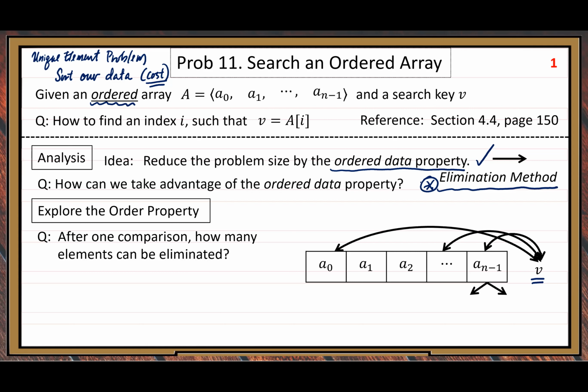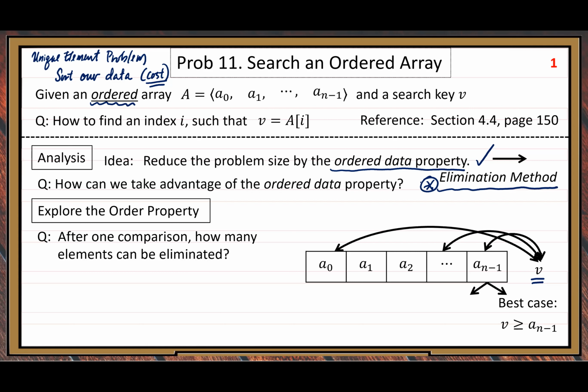If we look at the last element, V is compared with the last element, there are two possible cases. The first case, the best case, is V greater or equal to A sub n minus 1. If this happens, think about how many elements can we eliminate?